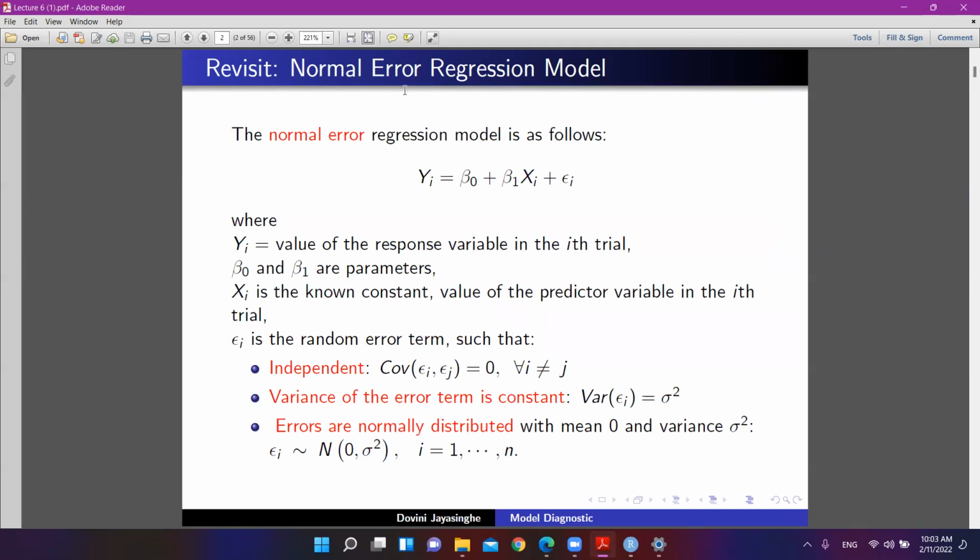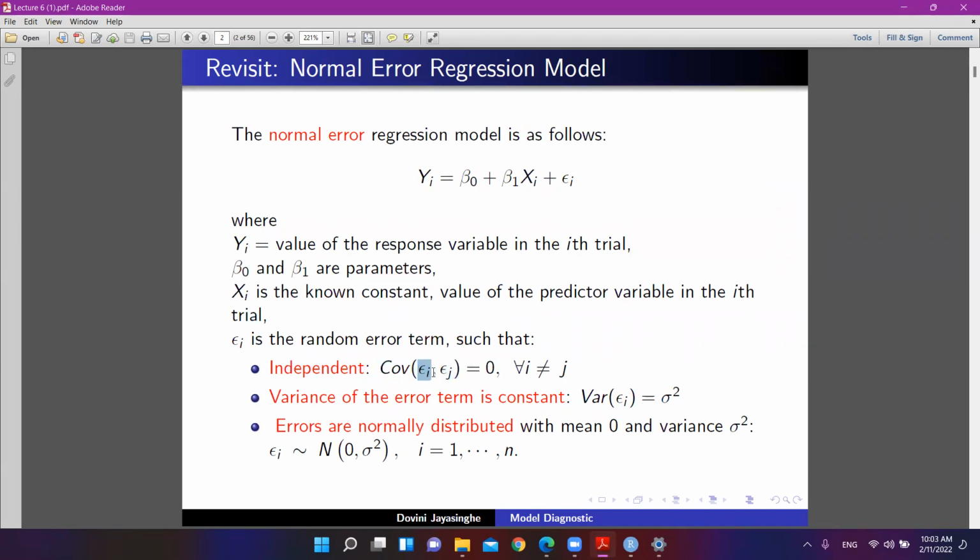So we just revisit the normal error regression model just to give you some idea. This is basically the simple linear regression model that we have. Same thing, this slide has been repeated so many times. So actually the error should be independent, right?